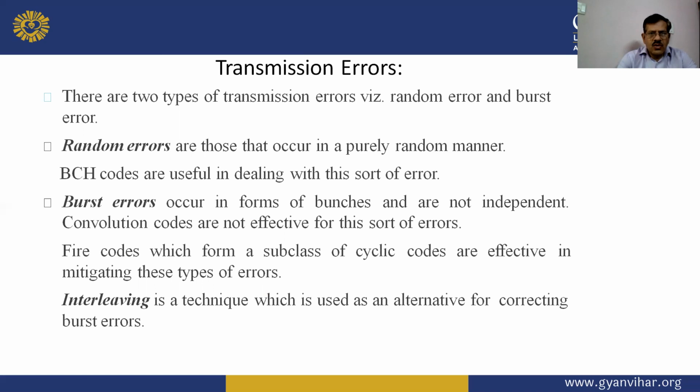Convolution codes are not effective for this sort of error. So Fire codes, which form a subclass of cyclic codes, are effective for these types of errors.